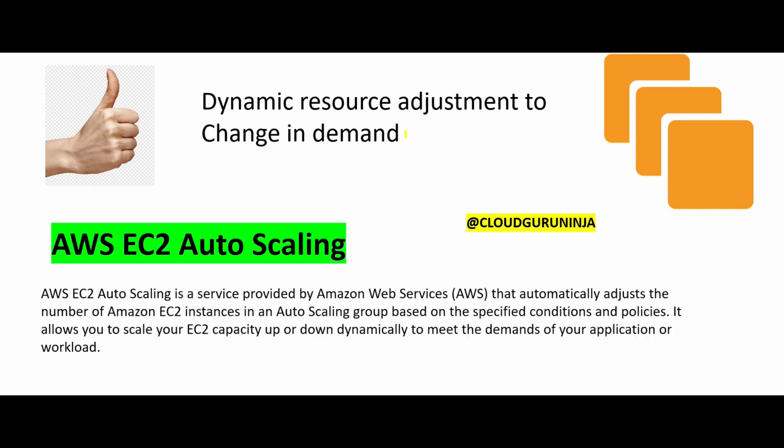Use a service from AWS called EC2 Auto Scaling. This will help you adjust the number of EC2 instances. Suppose you have these three instances here, and if you have more workloads, it will spawn more instances. If the workload goes away, it will remove these EC2 instances. That is called auto scaling. Scalability is achieved using auto scaling.